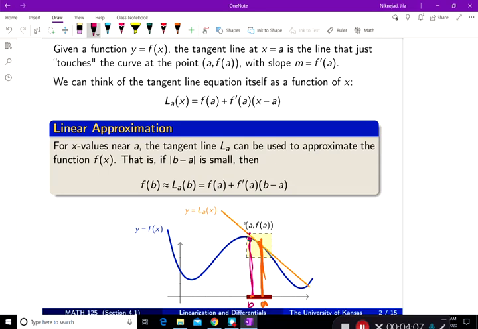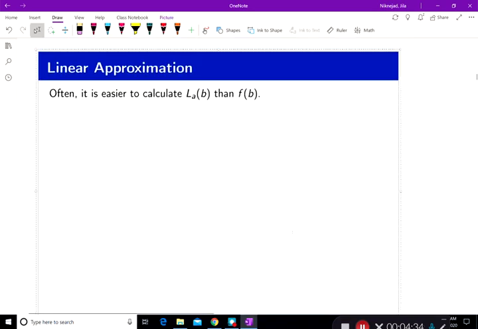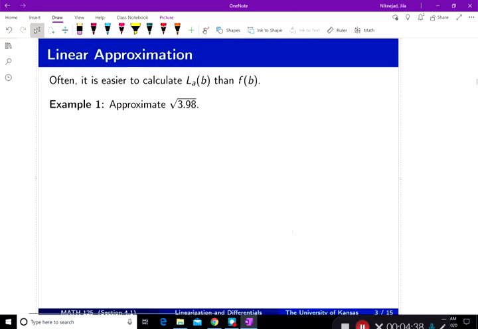But plugging values into a line is going to be much easier to compute. So I plug in values into the tangent line, and I get an approximation to the blue curve, basically. And that's the purpose of approximation with tangent lines.